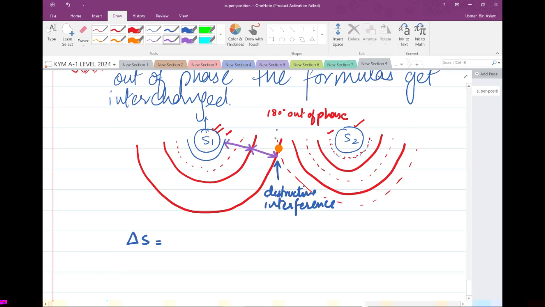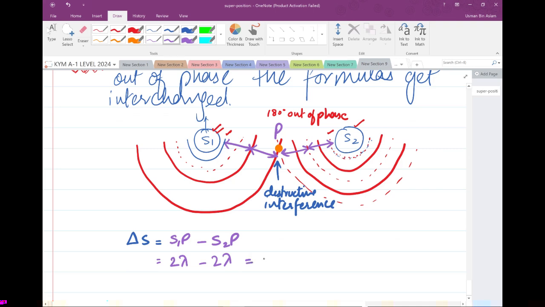So from S1, let's call this point P. From S1 till P, you subtract S2P, and you get 2 lambda minus 2 lambda as well. That means the wave that was coming from S2 traveled one wavelength this way and another wavelength this way. So two wavelengths were traveled from S1 till P and from S2 till P.